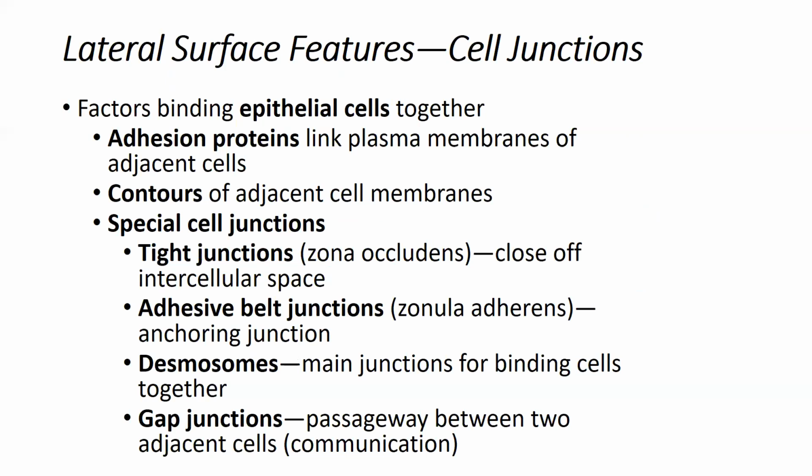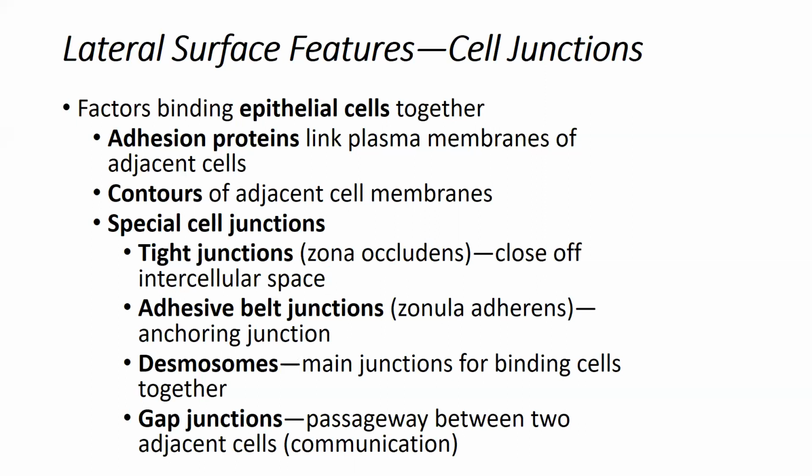So let's take our simple columnar epithelia of the gastrointestinal tract. We have digestive enzymes in the gastrointestinal tract. We have acid in the stomach. We don't want that acid to seep in between the cells and get to the underlying connective tissue. So we need a tight junction to provide a seal between cell to cell.